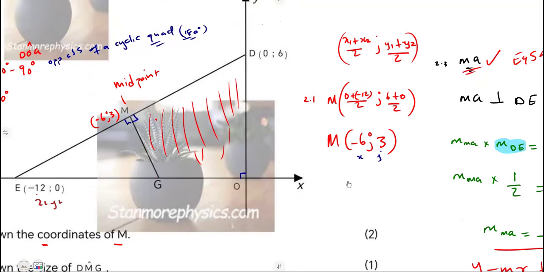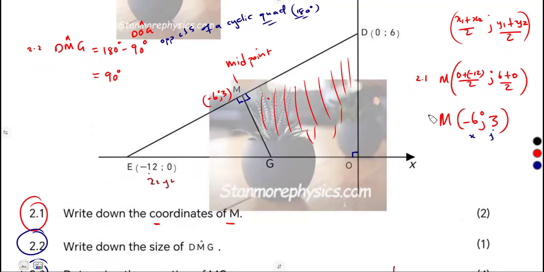But what I'm going to work with here is the bigger triangle, which is a right-angled triangle, right-angled at O. And this smaller triangle here, which is MGE, is also a right-angled triangle, right-angled at M. So I can calculate the area of the bigger triangle, then subtract the area of the smaller triangle.